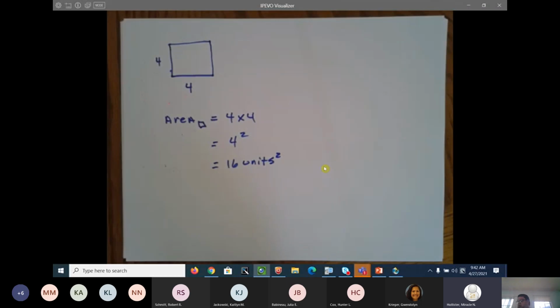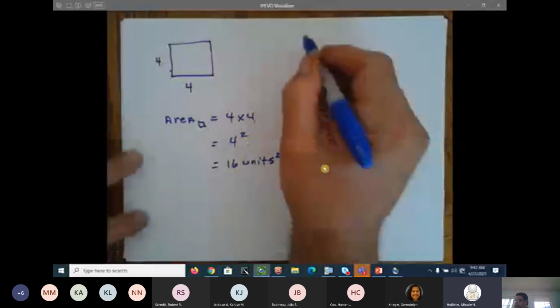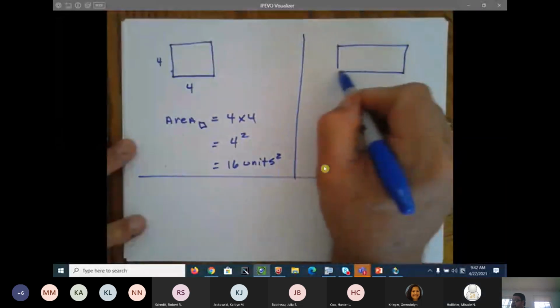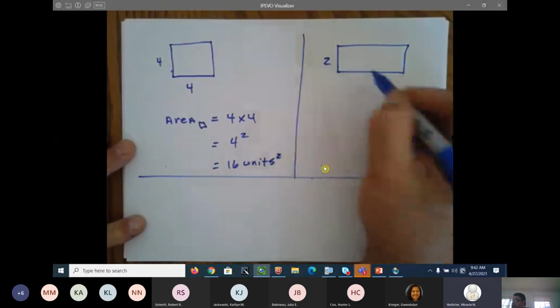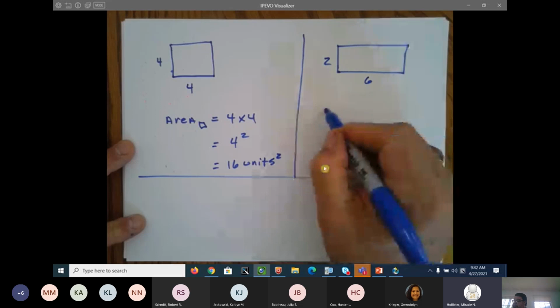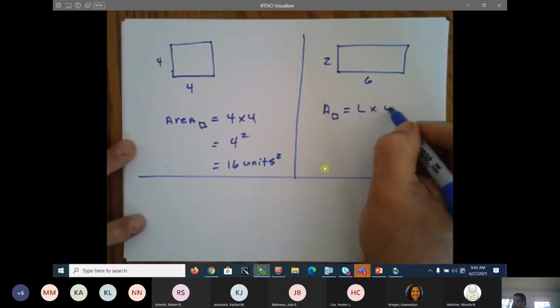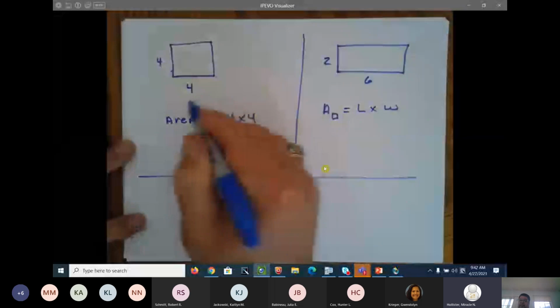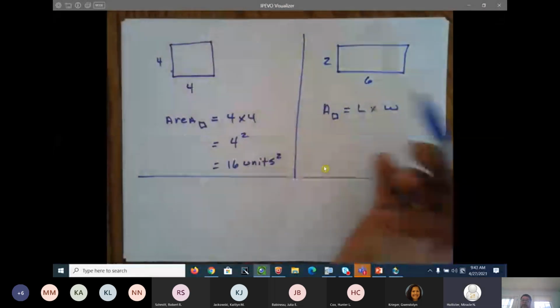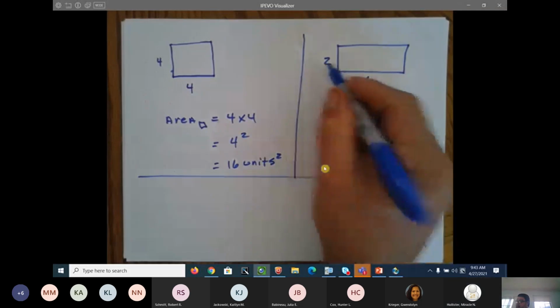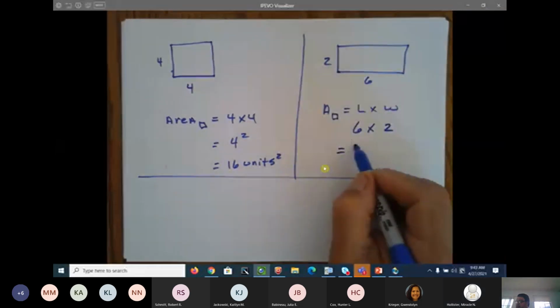And then you learned that a rectangle was 2 times 6. The area of a rectangle is length times width, which is 6 times 2, or 12 square units.